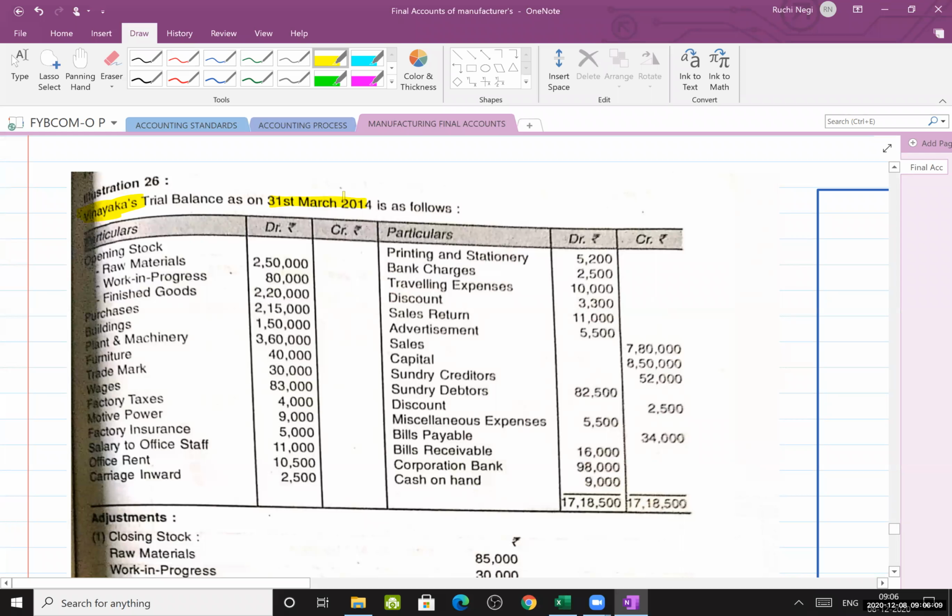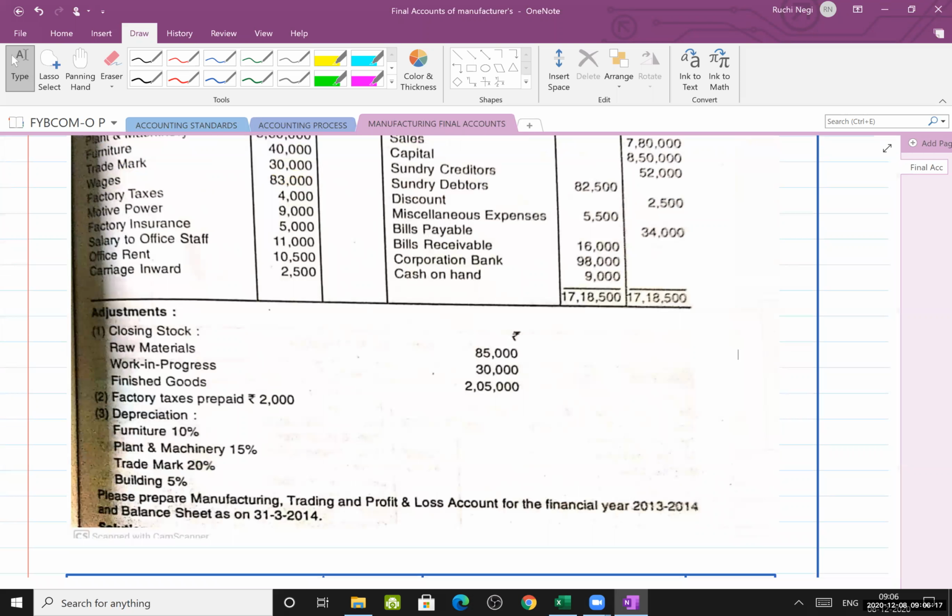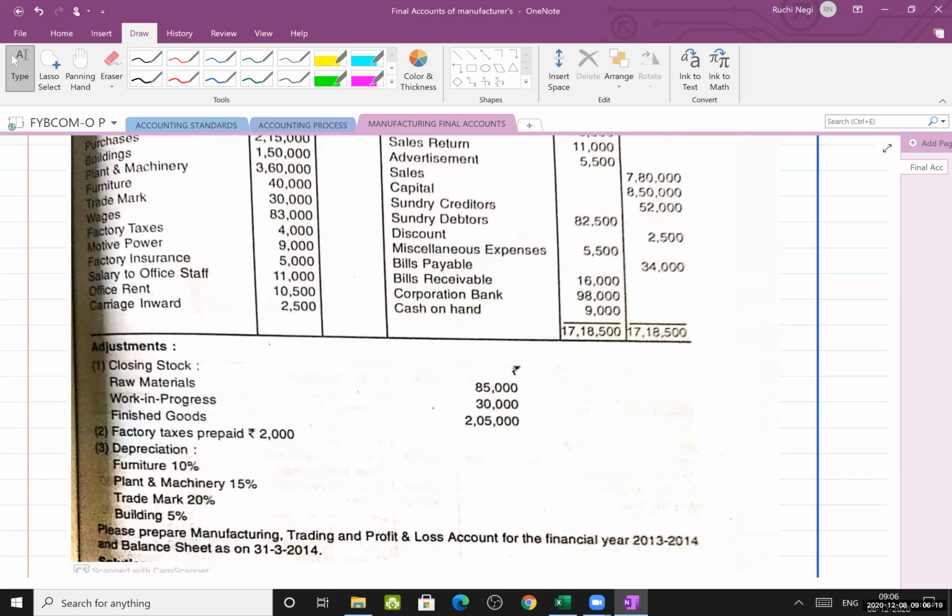Okay, what else do we have? So these are the adjustments. You're supposed to prepare a manufacturing account, trading and P&L, and obviously a balance sheet.